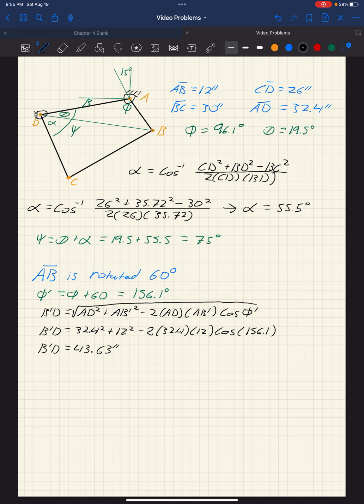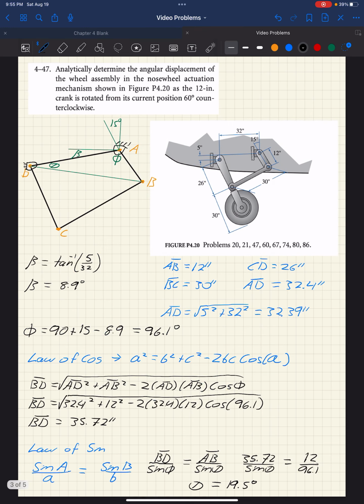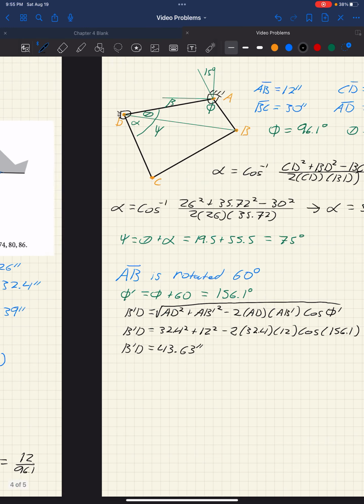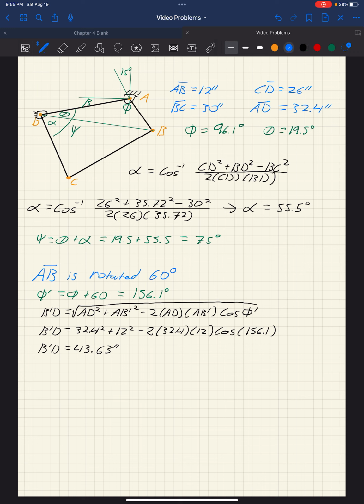Again, our next thing to solve to complete our top triangle will be this theta value. If we go back to how we solved theta before, we used the law of sines, so we'll use it again. So B prime D over the sine of phi is equal to AB prime over the sine of theta.